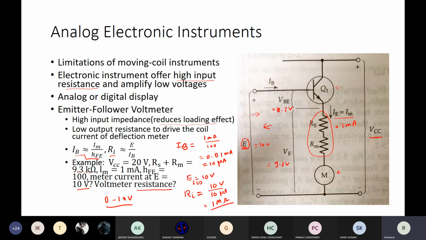Now, let us check, like the way I had done the calculation. Please let me know, when the input voltage E is 5 volts, how much is the current through the meter?